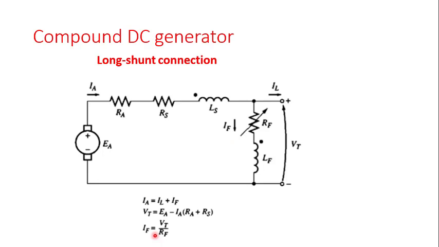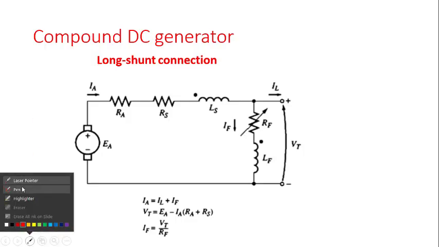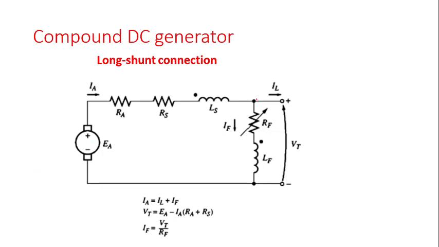Now let's look at the long shunt. Long shunt means that this time around we are having the series circuit first before the parallel or the shunt circuit. Don't forget that in the short shunt we are having the whole of this field circuit connected here, so we have it as a short shunt.